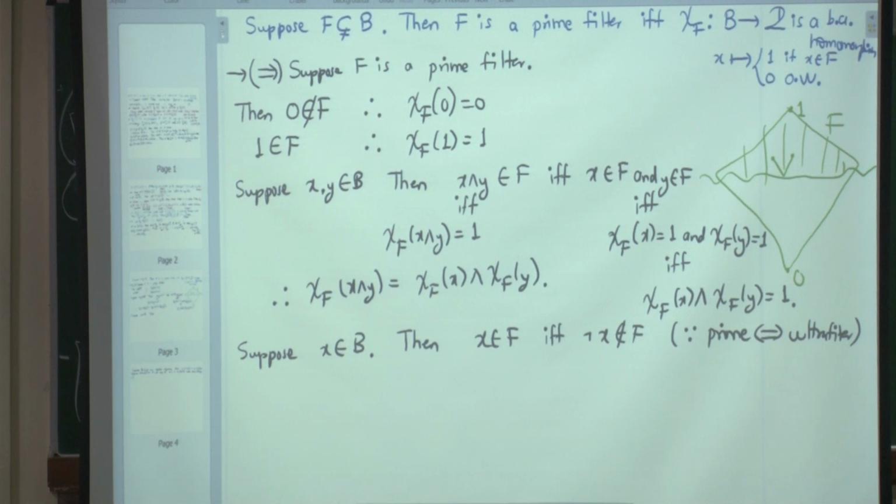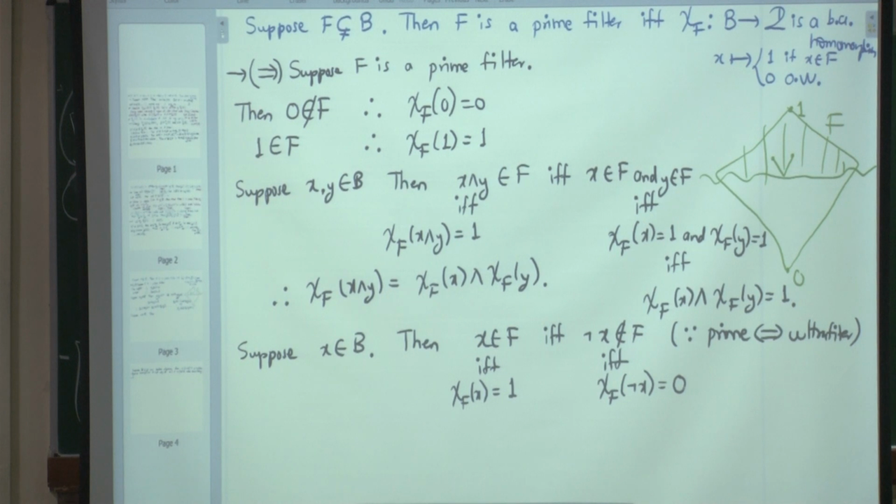Okay, x belongs to F if and only if negation x is not in F. Now x belongs to F if and only if chi F of x is equal to 1, if and only if chi F of negation x is equal to 0.